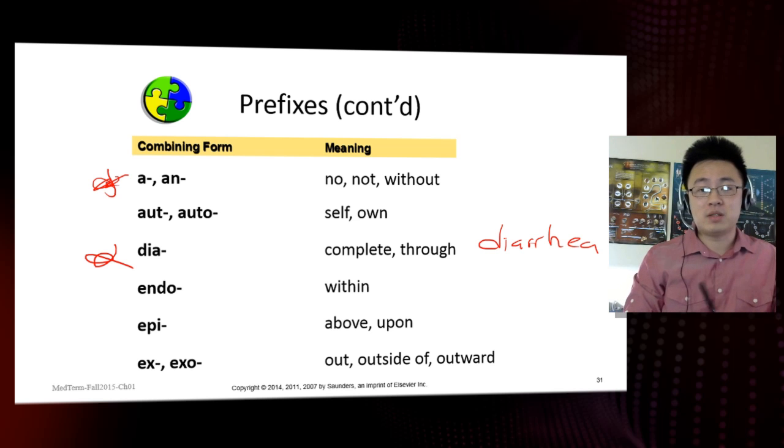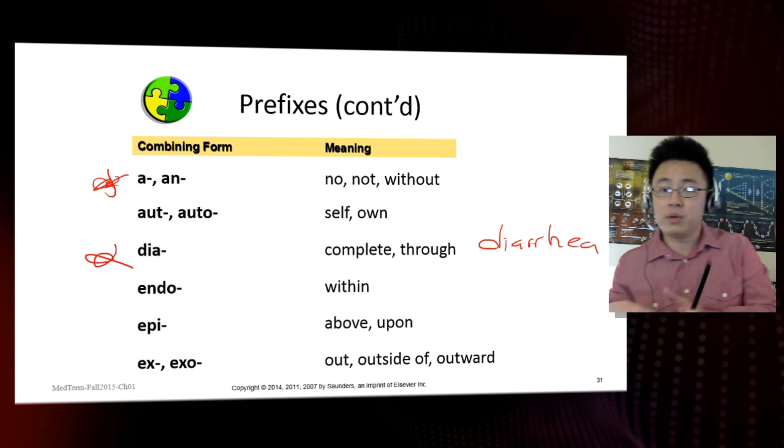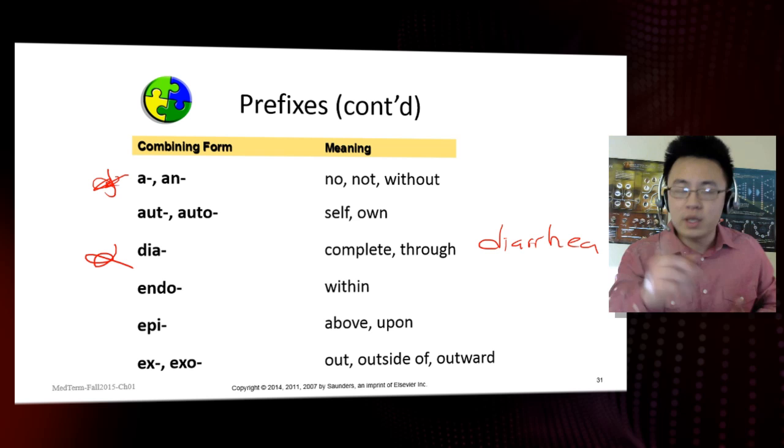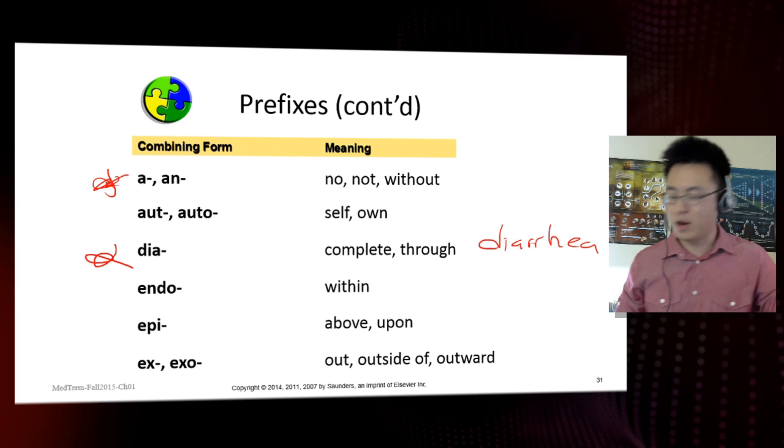And dia means complete or through. So what's completely going through in terms of a discharge? But again, you're not going to put that definition down. It's not complete discharge of through. That's not what the definition is. When we get to chapter 5, I'll tell you that definition, all right?